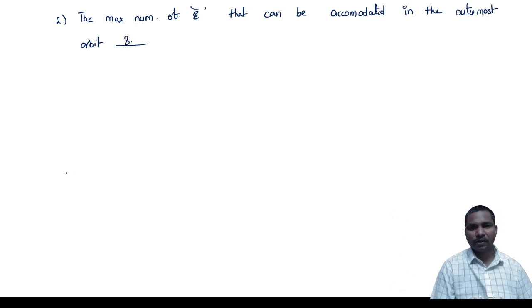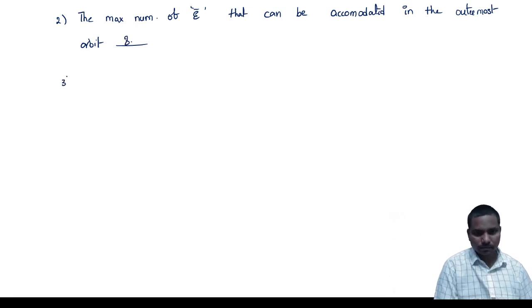We consider that as the octet. If they are asking only about the outermost orbit, that is 8.